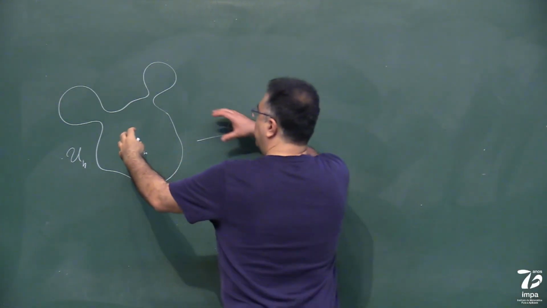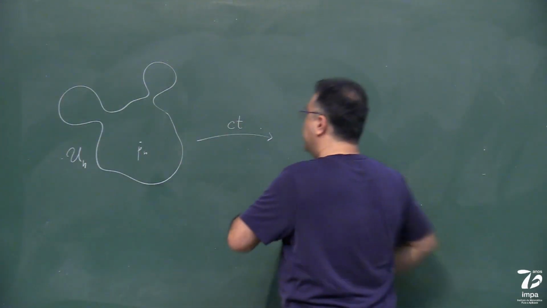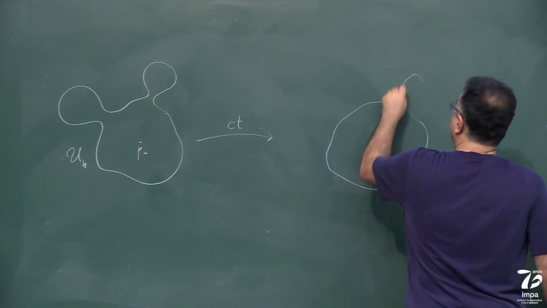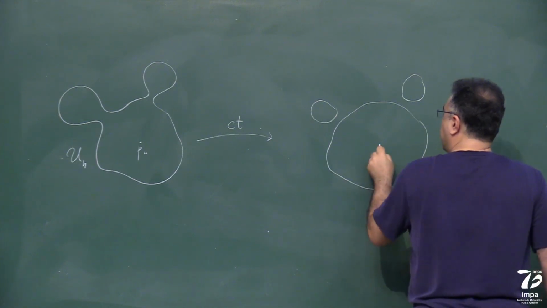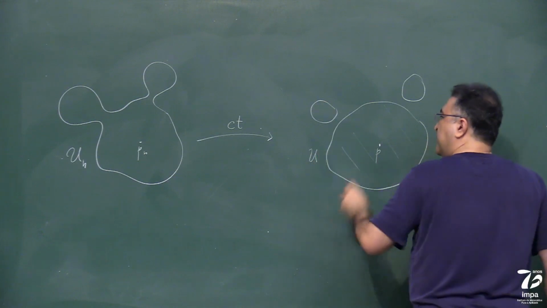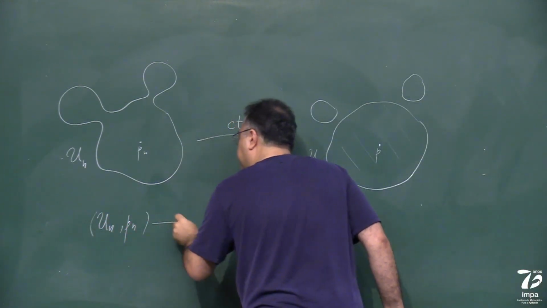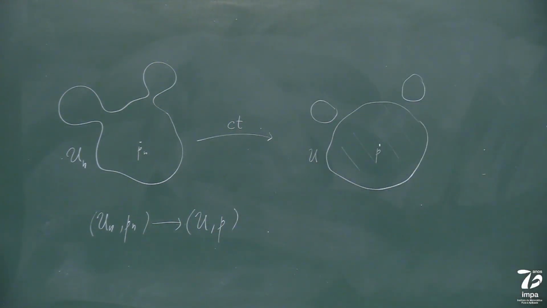So we know that when we take the Carathéodory limit, pieces of this can pinch off, and they can disappear. So maybe you get something like this. So if I call this region U, this would be an example of Carathéodory convergence, which basically means convergence of Riemann maps.